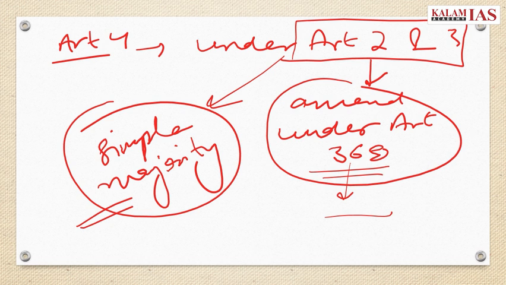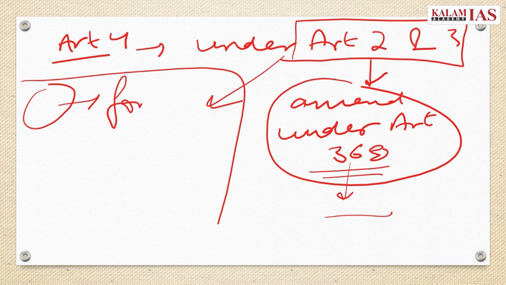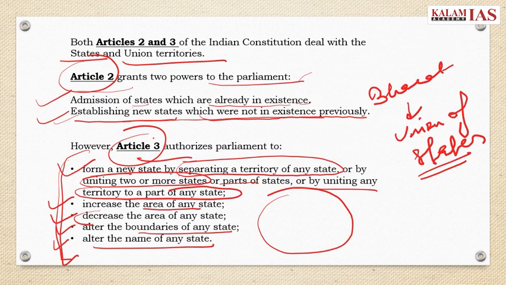And also, when you have to transfer a part of Indian territory to a foreign territory, that will be treated as an amendment under Article 368. Okay. Now you cannot count this into this point that you are decreasing any area of state.